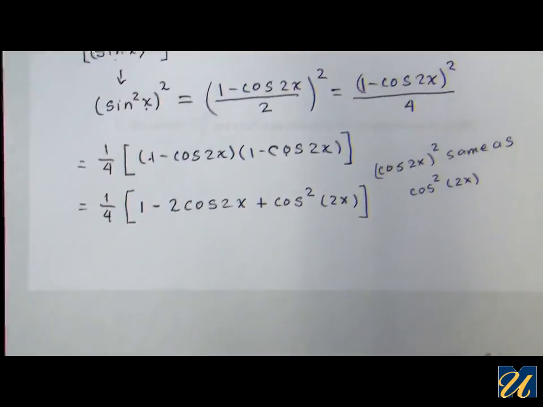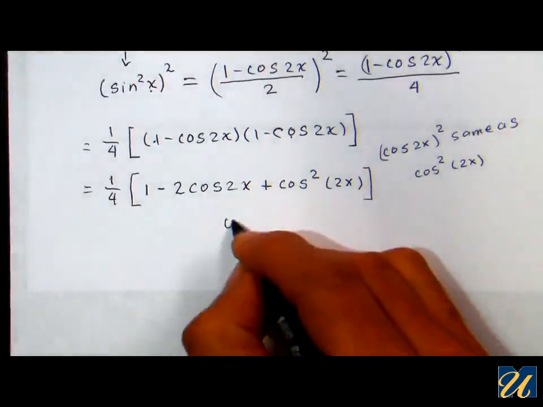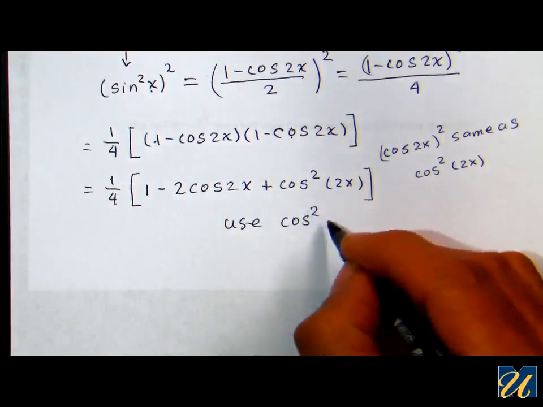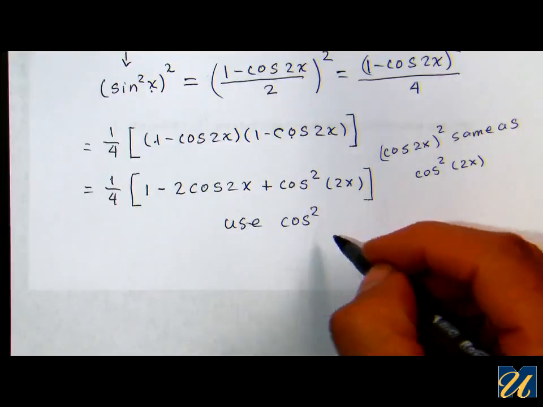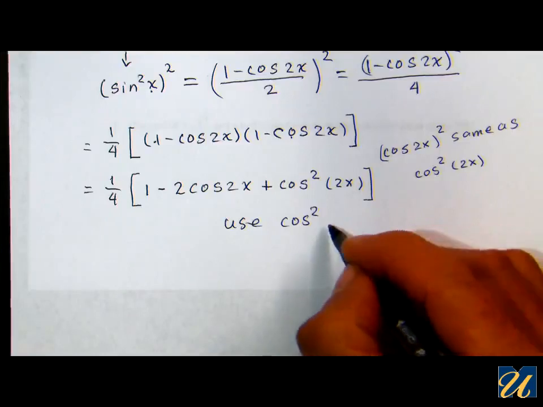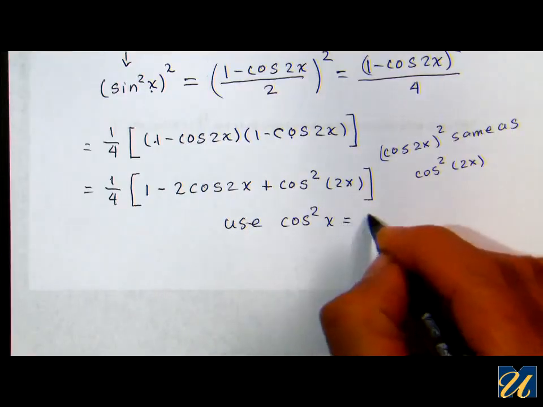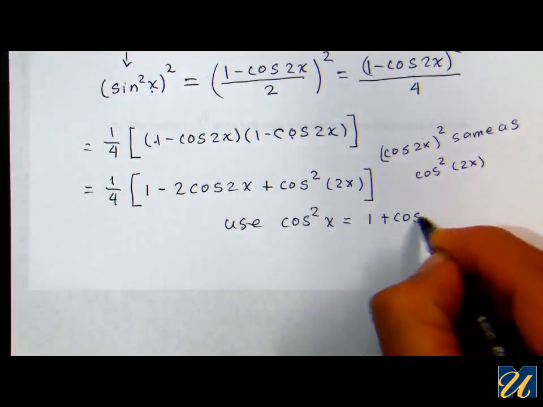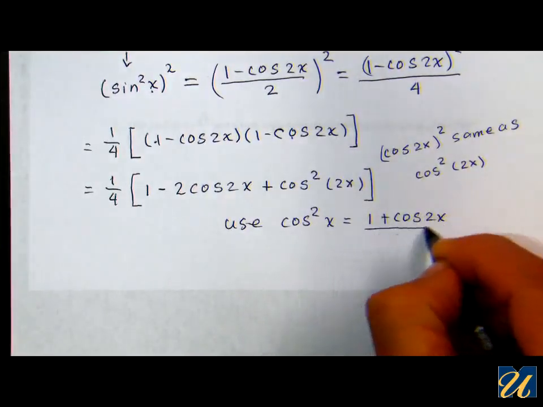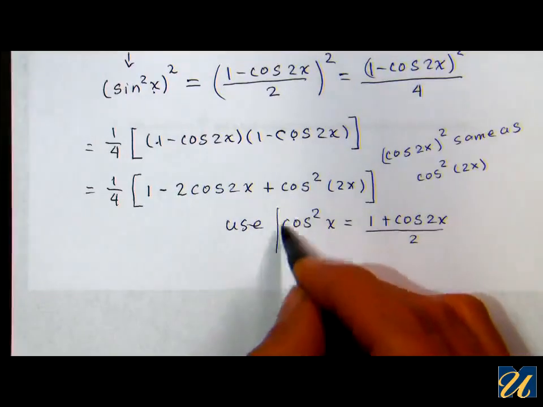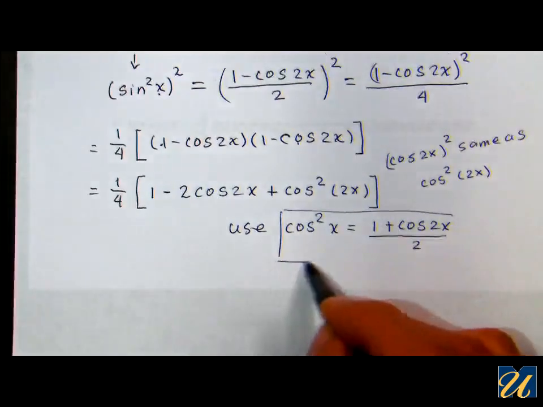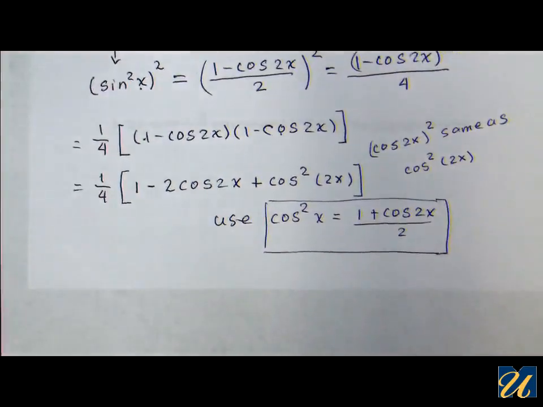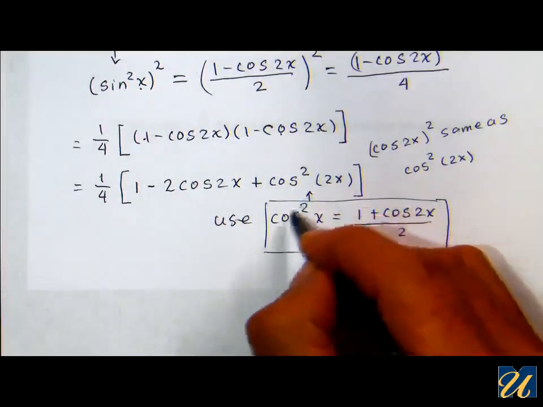So now we're going to use cosine square x is 1 plus cosine of 2x all over 2. So this is our identity here that we're going to have to use, and we need to use that right here.